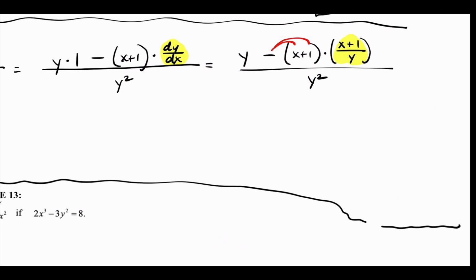So when I moved y, I could have moved y to the bottom. That's okay. So I got y minus (x + 1)(x + 1), and then y to the bottom. That move was okay, but what I should have done was multiply these two guys. This is a binomial.